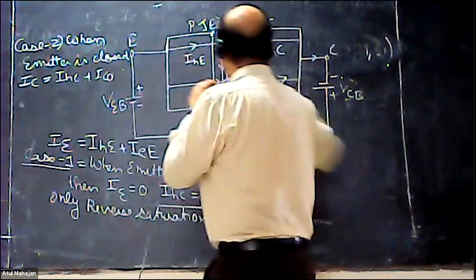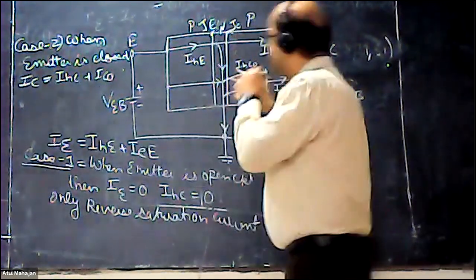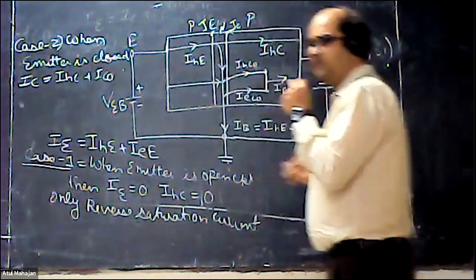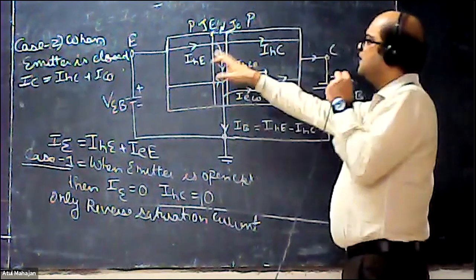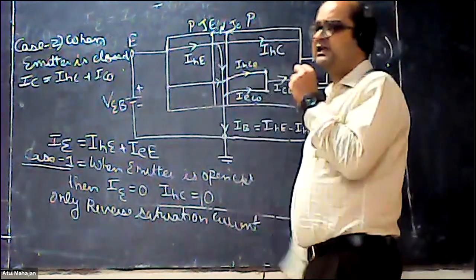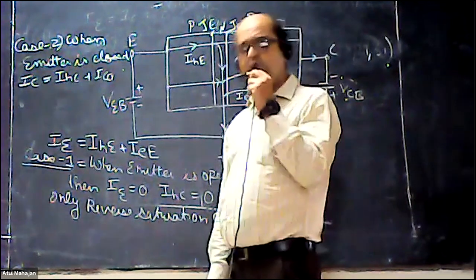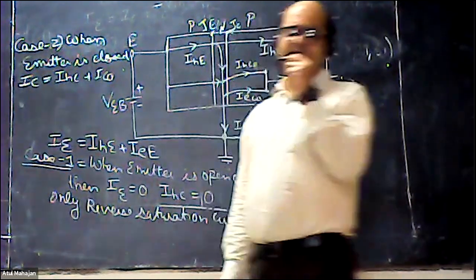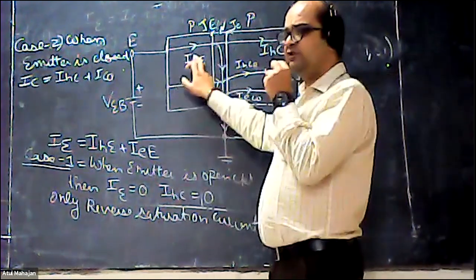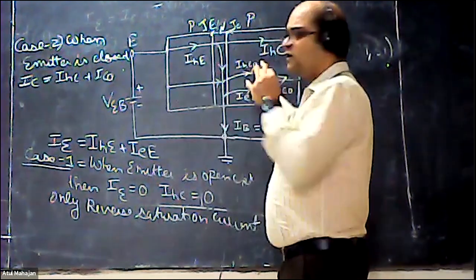This is your basic transistor. Now we have taken the transistor as PNP in this case. In a PNP transistor, the majority carriers in the emitter are the holes, because it's a p-type material, and the collector is also p-type.